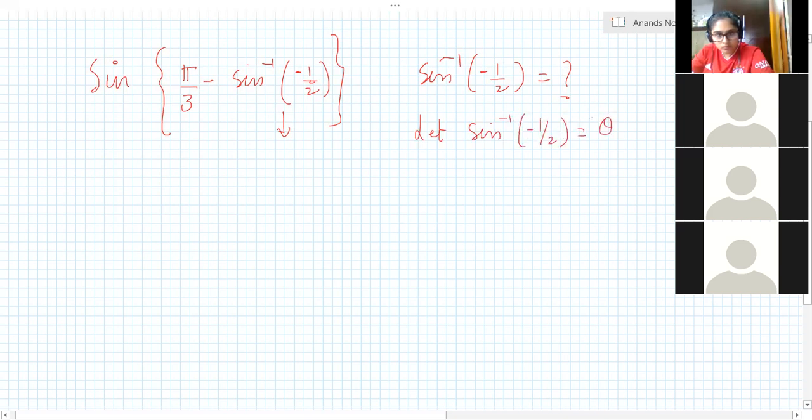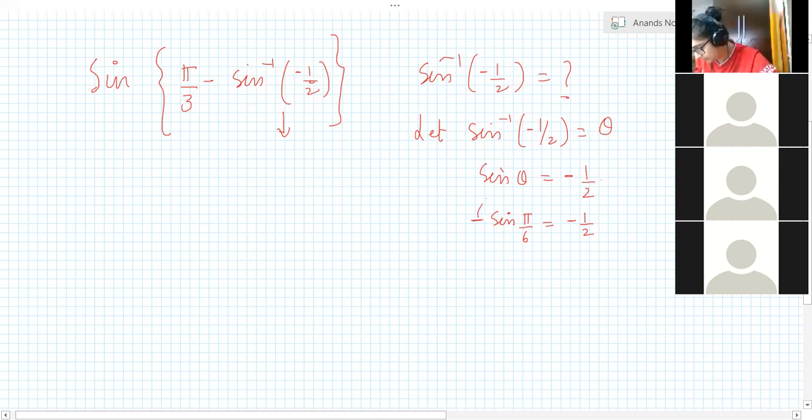We did this kind of sums yesterday. That means sine theta is equal to minus half. Which one? Sine of 30. Sine 30 is half. That means minus of sine pi by 6 is equal to minus half. Correct? Yes, sir.